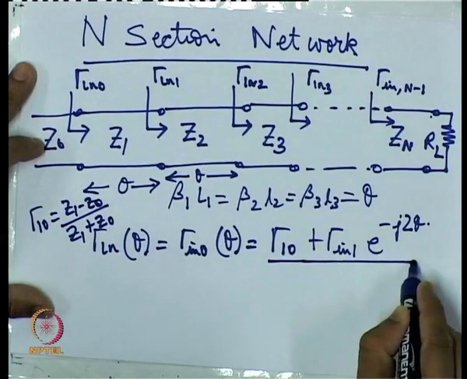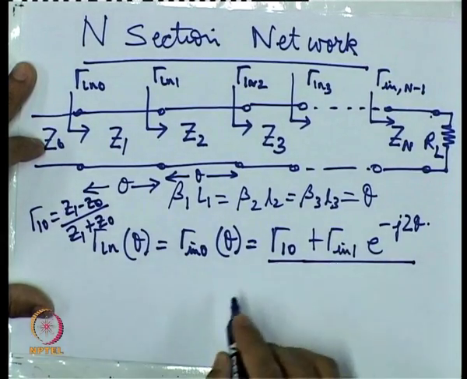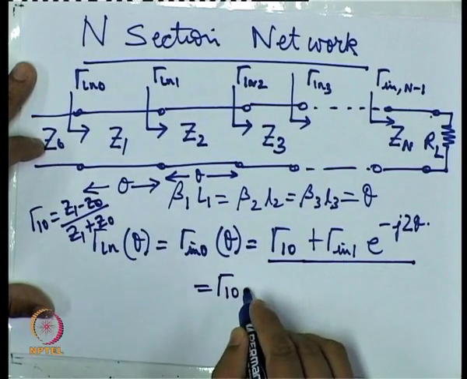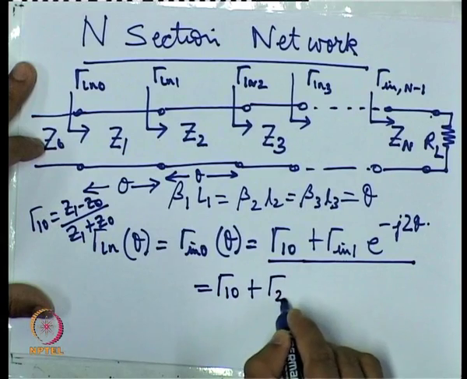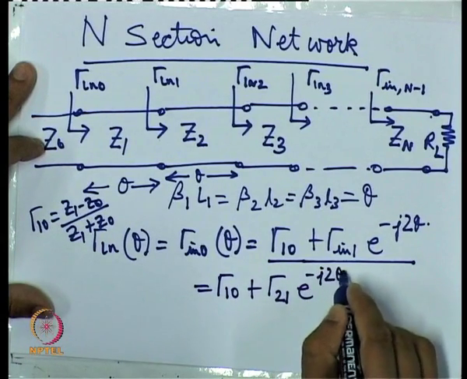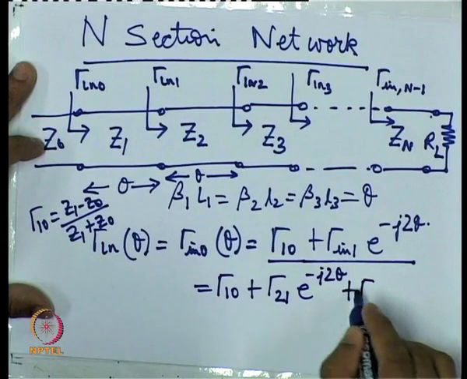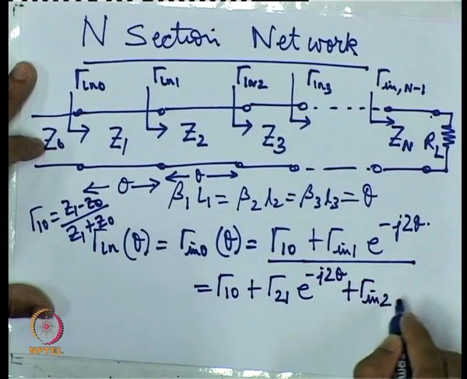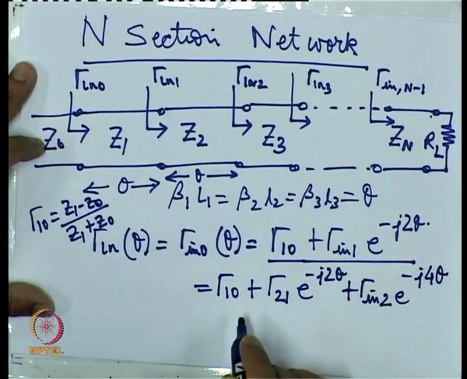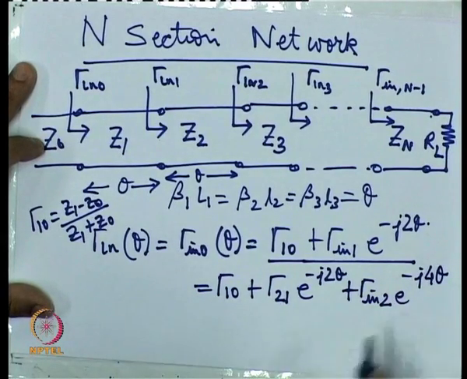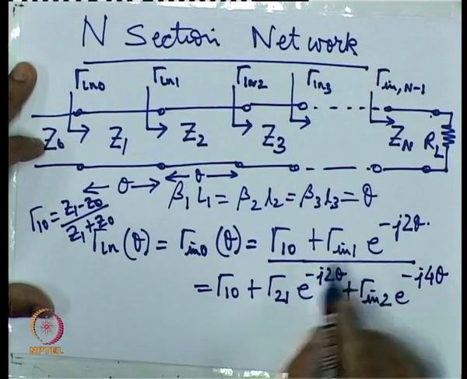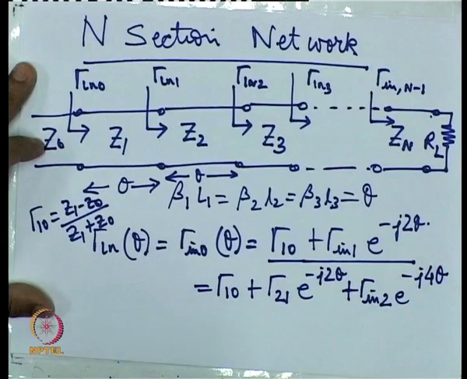Now gamma in 1 itself can be further expanded, so we have gamma 1 0 plus gamma 2 1 e to the power minus j 2 theta plus gamma in 2 e to the power minus j 4 theta. I obtained this by expanding gamma in following the same formula.